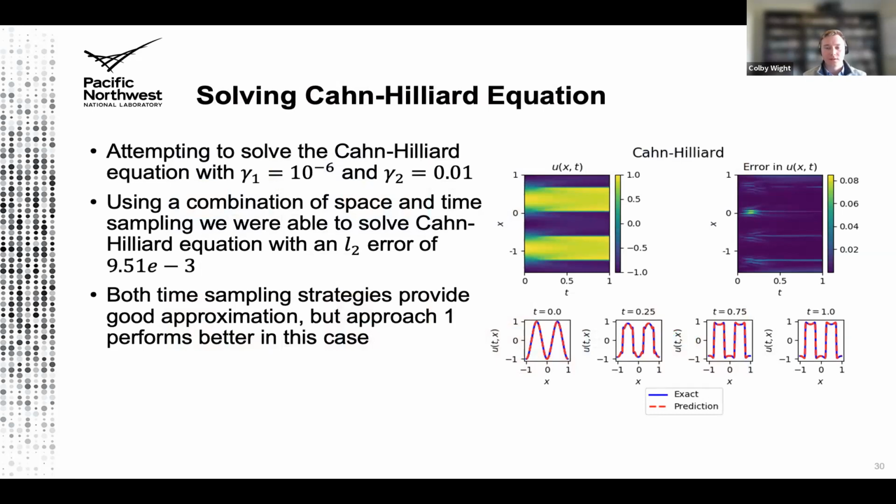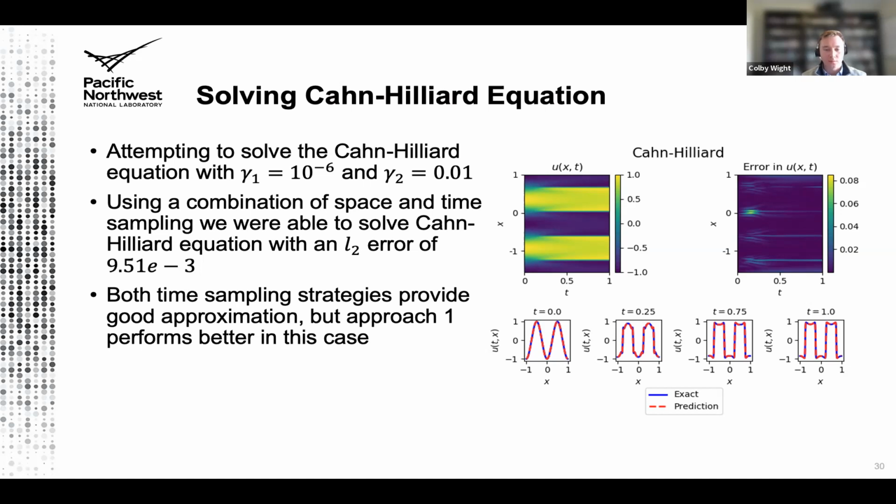Then we moved on to this, in some cases, more difficult Cahn-Hilliard equation. We started by solving it in the 1D case, where gamma 1 equals 10 to the negative 6 and gamma 2 equals 0.01.